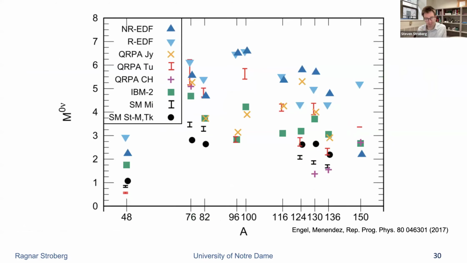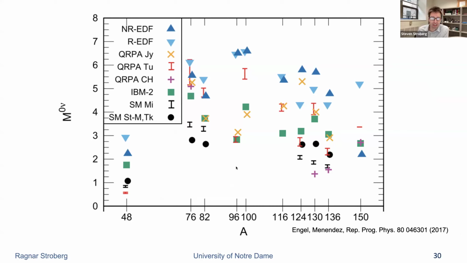This shows you the situation as of a couple of years ago: if you use phenomenological models, so these are all the different candidates for double beta decay, these are the nuclear matrix elements, and they get very different answers, sometimes a factor of 2 or 3 different. And basically there's more correlation across method rather than across nucleus.